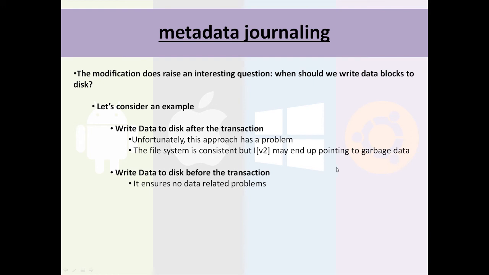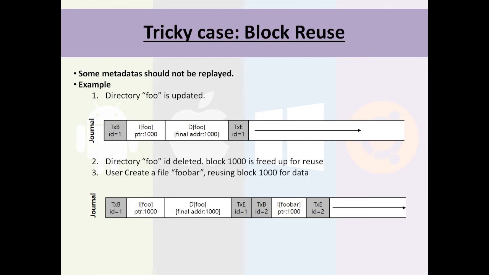Why? Because it could be updated at some point, and I'll show you an example of this on the next slide. The second is, why not just write data to the disk before the transaction? What this does, thankfully, is it ensures no data-related problems. There might be other inconsistencies, but there's no data-related problems. You wouldn't have a case where an inode points to garbage data, which is kind of what we want.